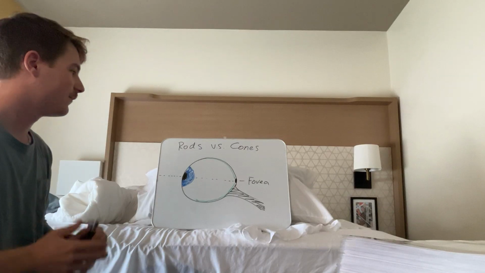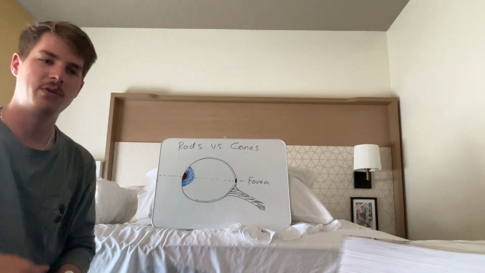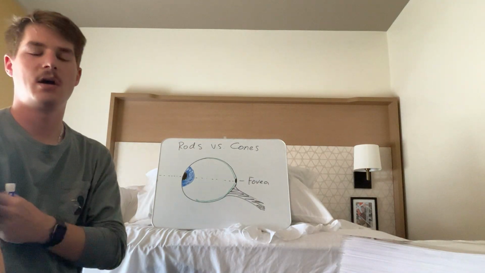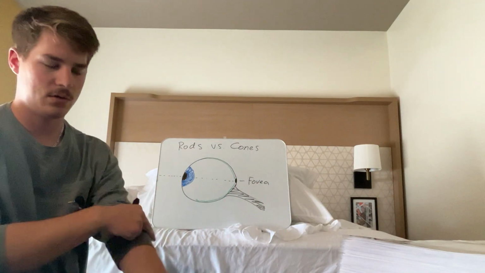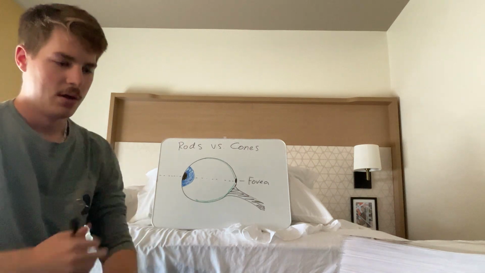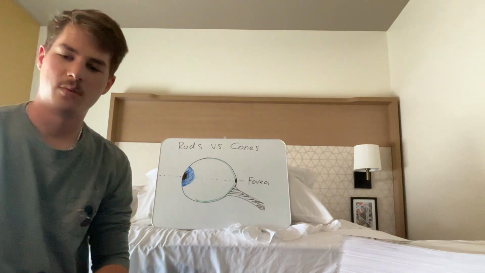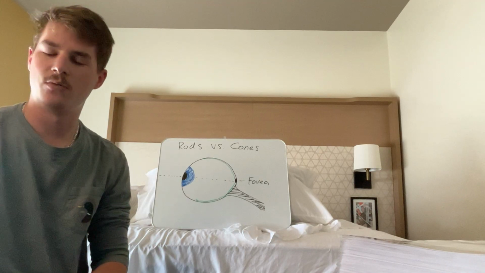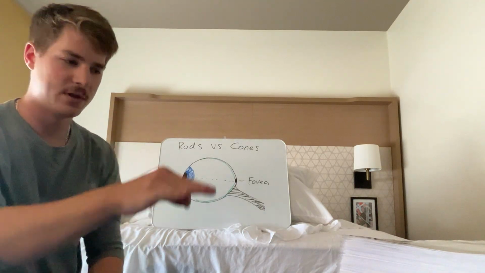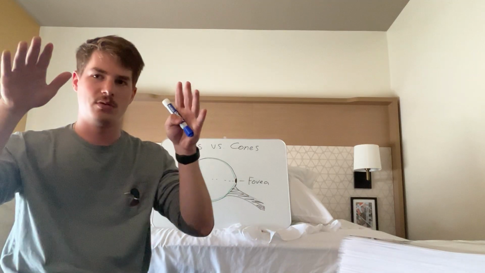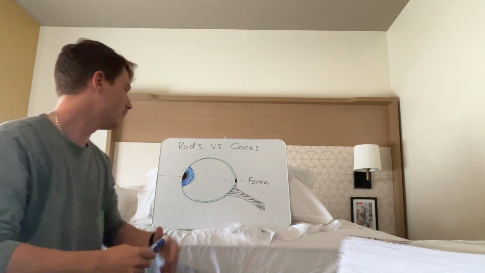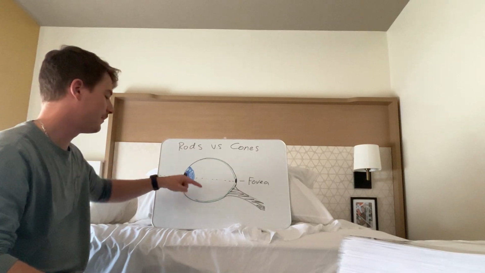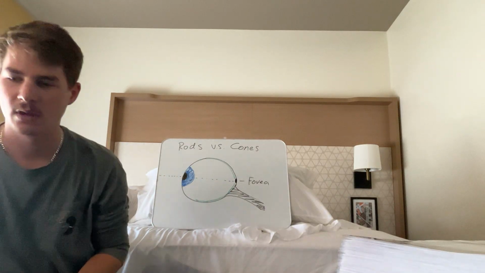Your fovea is the center of your vision that enhances the acuity, I guess would be the word I'm looking for. It allows you to see more clearly in the middle of your vision compared to the outside, your peripherals, where your normal retina is. It's a little bit more blurry.